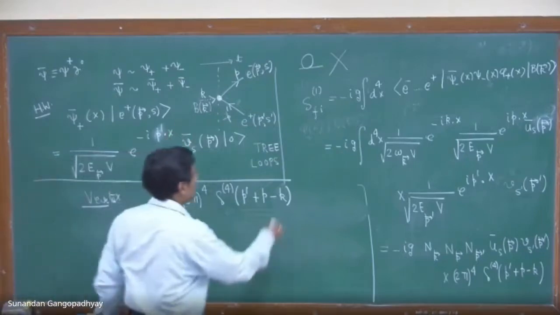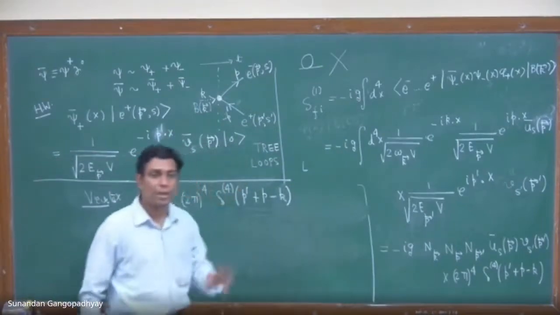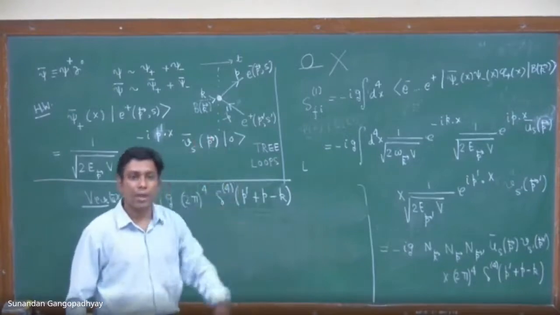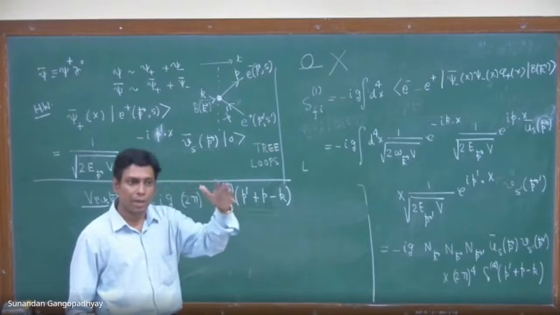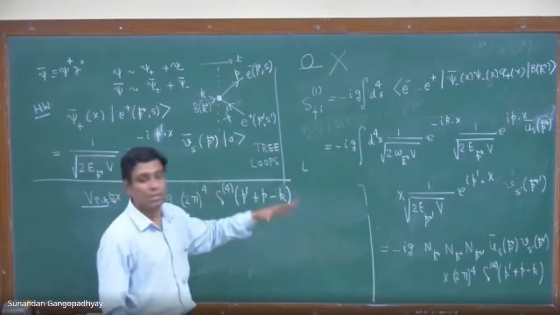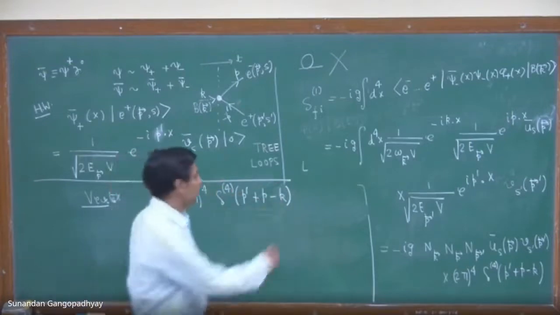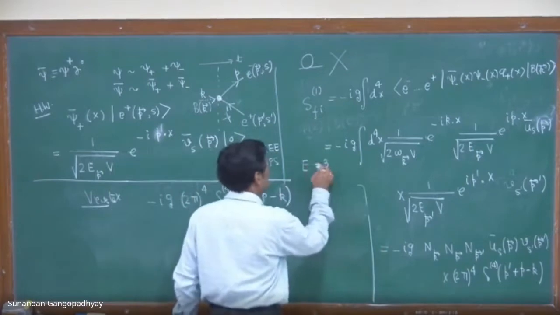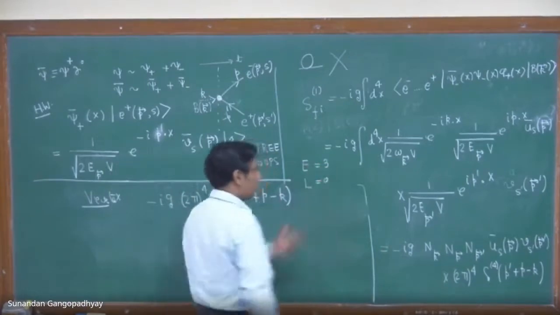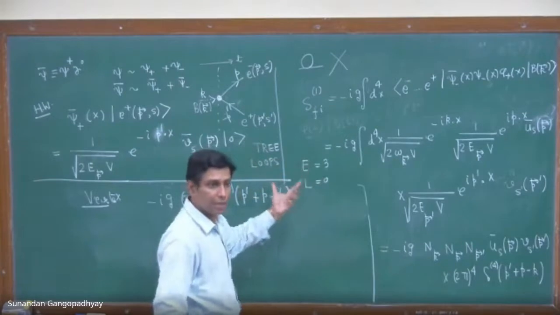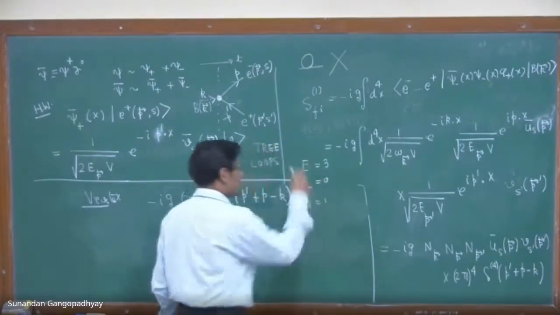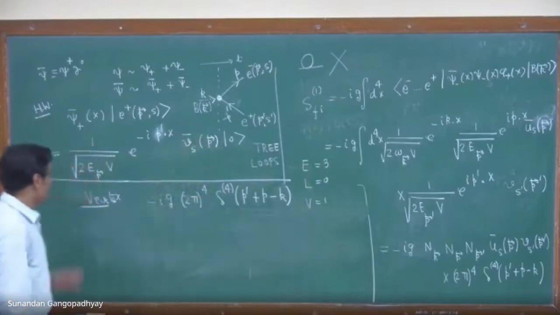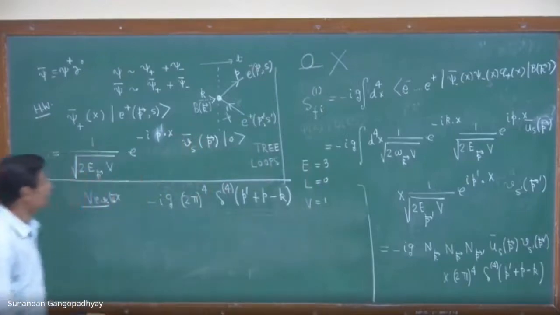So whenever you see a Feynman diagram, always write down the anatomy: how many external lines, how many loops, how many internal lines or propagators, how many vertices. That's it. So external lines is 3, loops 0. Loop 0 means it's a tree diagram. And vertex g is 1. That is the anatomy of this diagram.